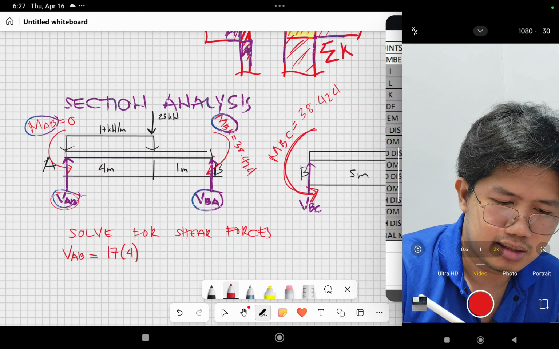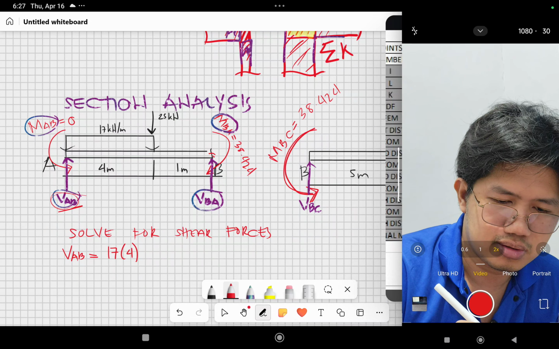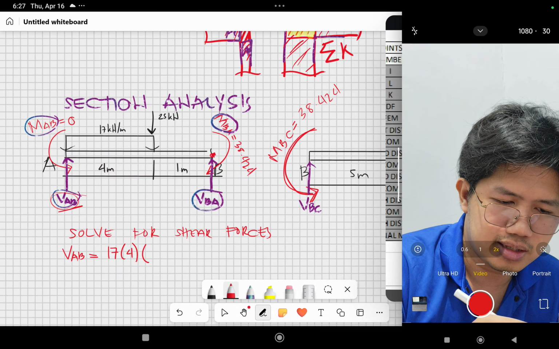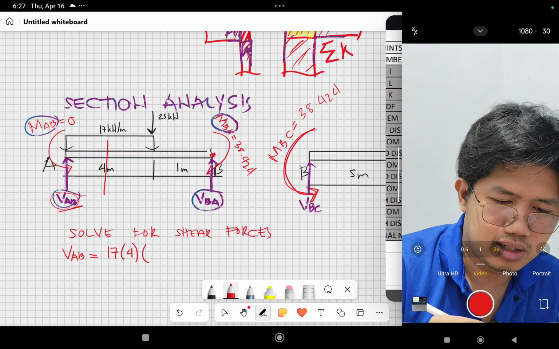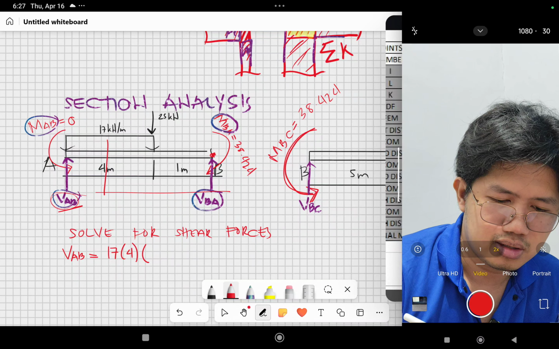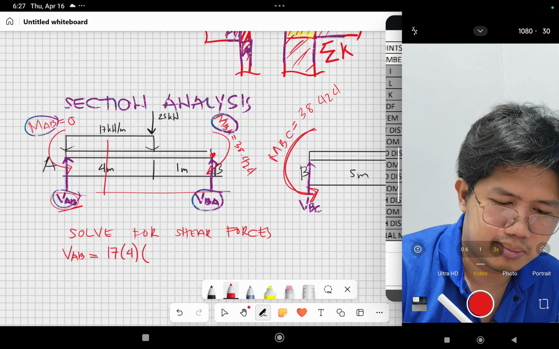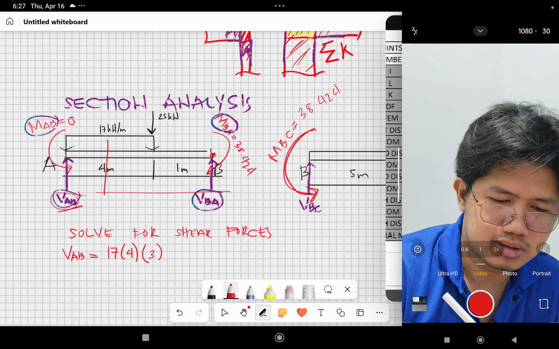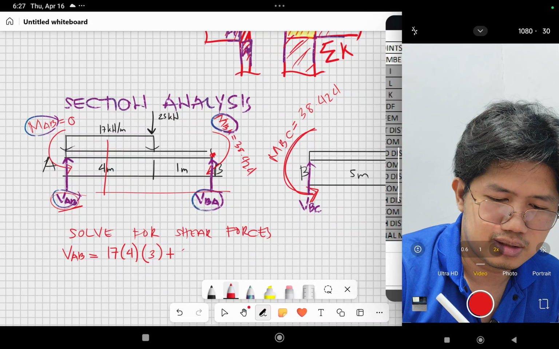Tinitingnan natin, pag kukunin natin to, dito tayo titingin. 17 times 4 times yung distance ng gitna ng 17 load na yon, pumunta doon, that is 2 plus 1, tama? That is 3 meters plus 25 times 1.